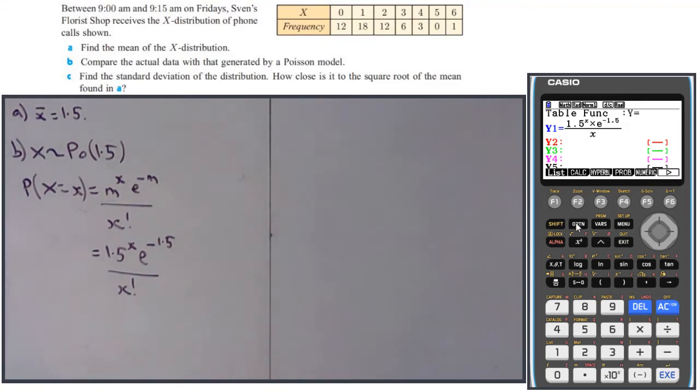Factorial can be found in option and prob, and it's just there, x factorial. So that's the table. Then we need to set it up, and we want to go from x equals 0 to x equals 6, in steps of 1.